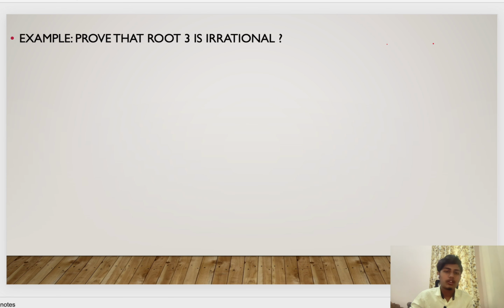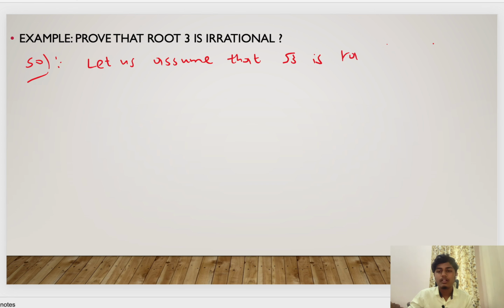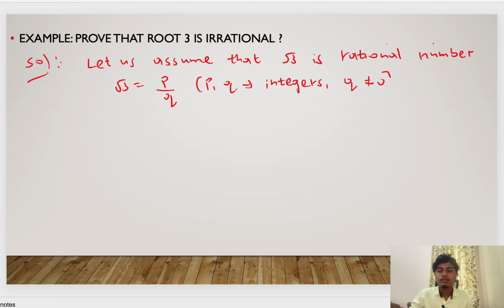So let us solve another example. Prove that root 3 is an irrational number. Let us assume that root 3 is a rational number. So root 3 can be written in the form of p by q, where p and q are integers and q is not equal to 0.